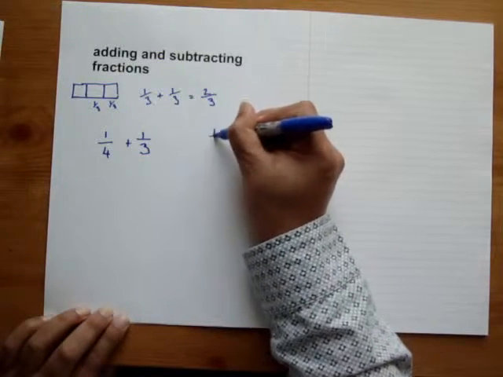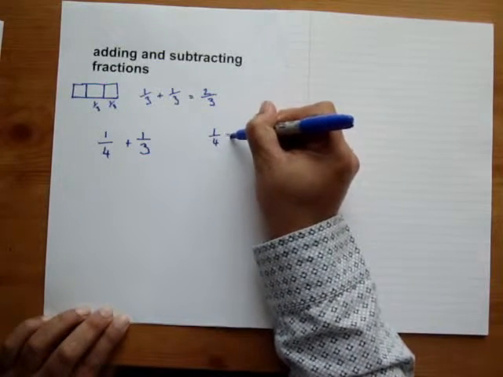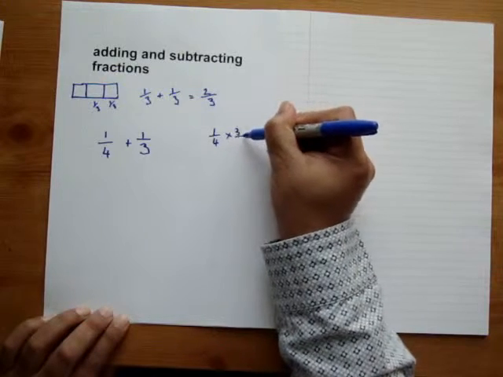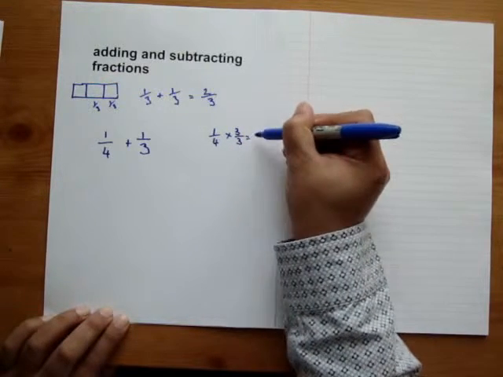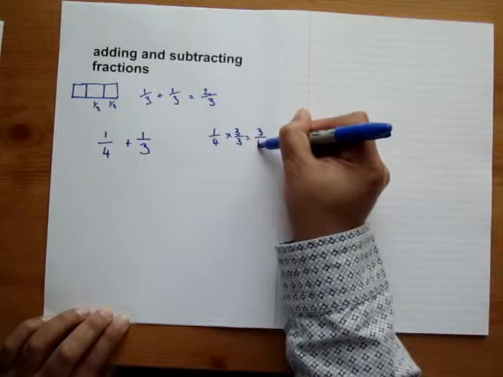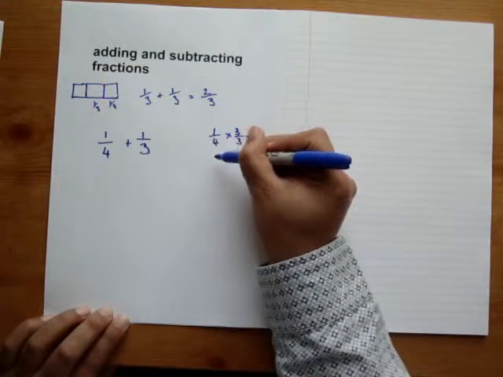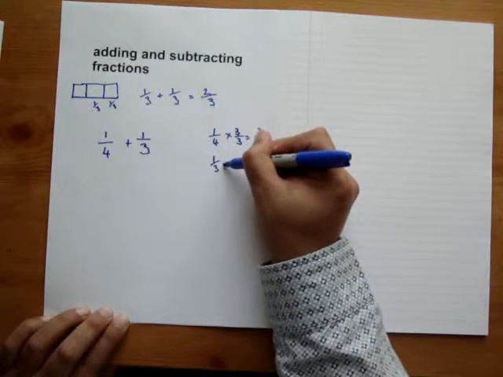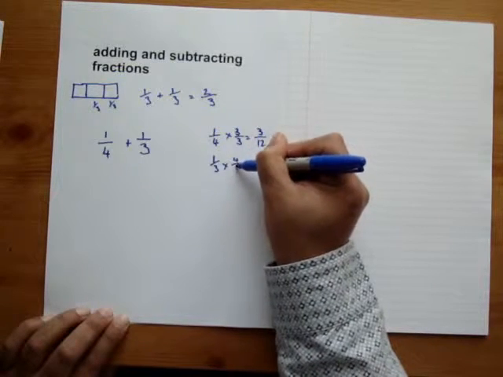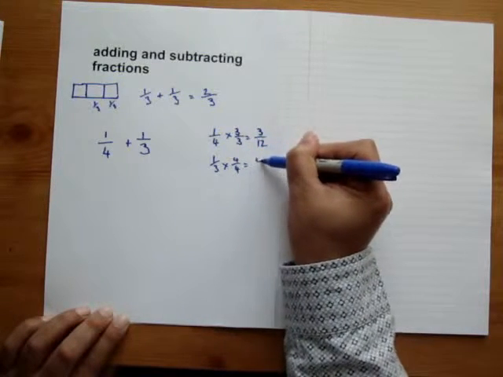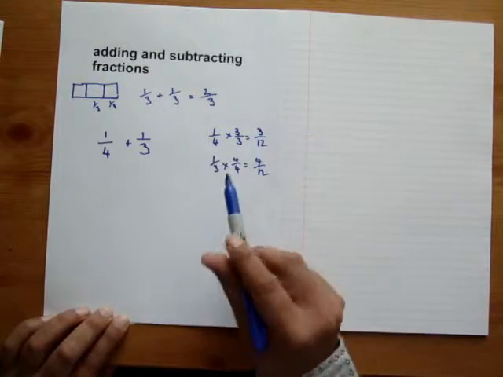So 1/4, we multiply that by 3 over 3, and we get 3 over 12. 1/3, we multiply that by 4 over 4, and we get 4 over 12.